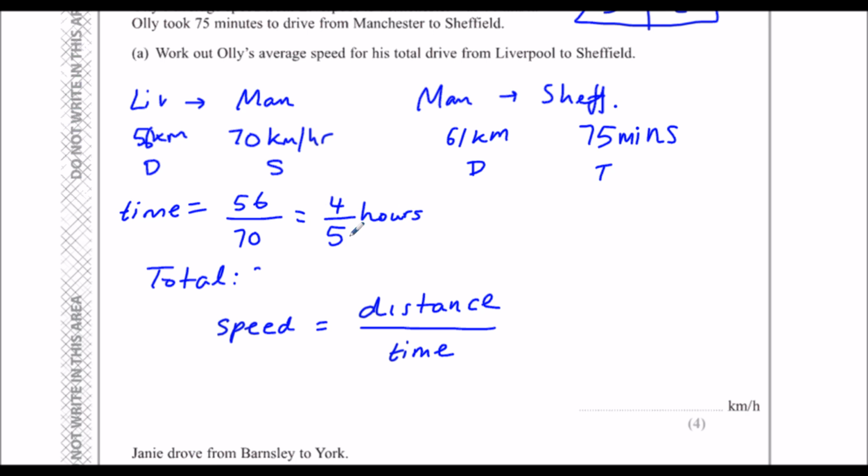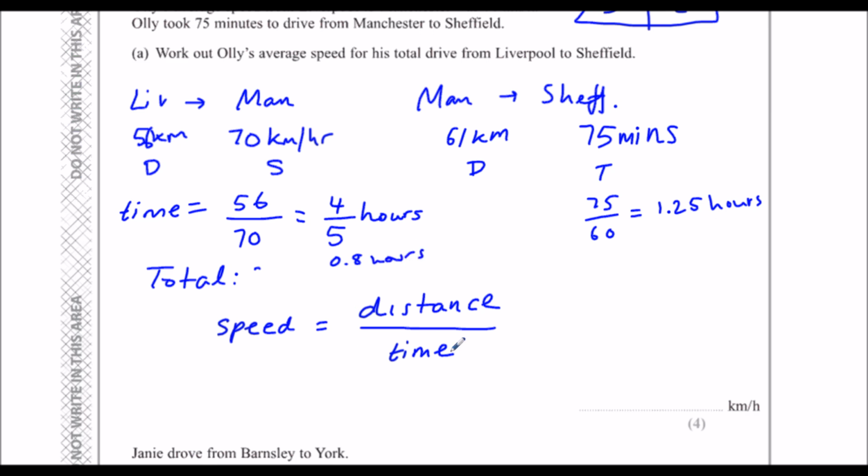So 4/5 of an hour for the first part of the journey. 75 minutes. So if you do 75 divided by 60, that's 5/4 or 1.25. So 75 over 60 is 5/4 or 1.25 hours, 1¼ hours.